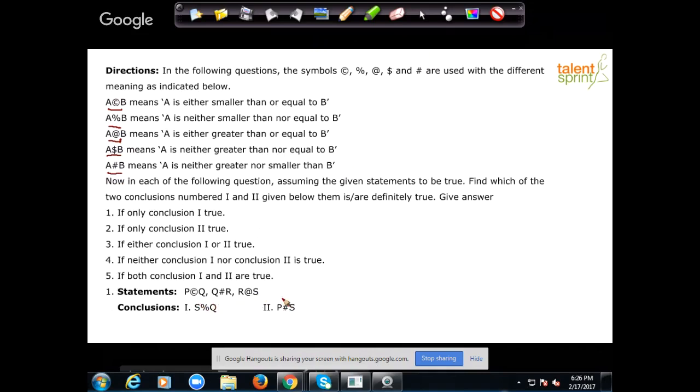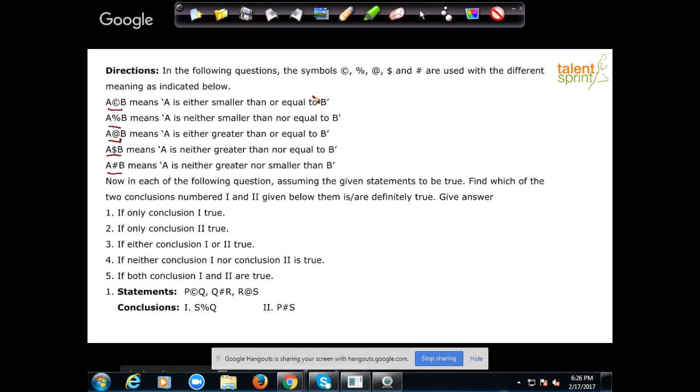So what do we have to do? We have to decipher from the above symbols, and then we have to see whether these conclusions hold true or not. Great. So let us see what each symbol actually means.